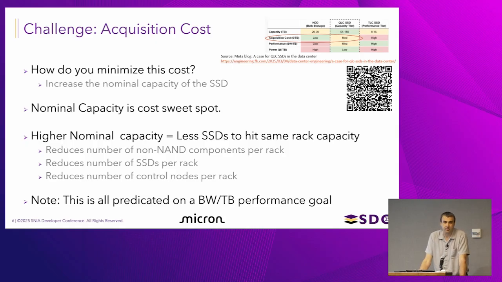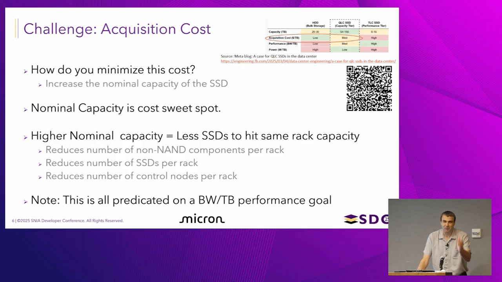And like I mentioned, with nominal capacity, fewer SSDs are needed to hit the same rack capacity, and that reduces a lot of the non-NAND components. In this sort of space, you're buying storage for storage, right? So the more you spend on other stuff besides storage, the more it's wasted dollars. But you have to add adequate performance.